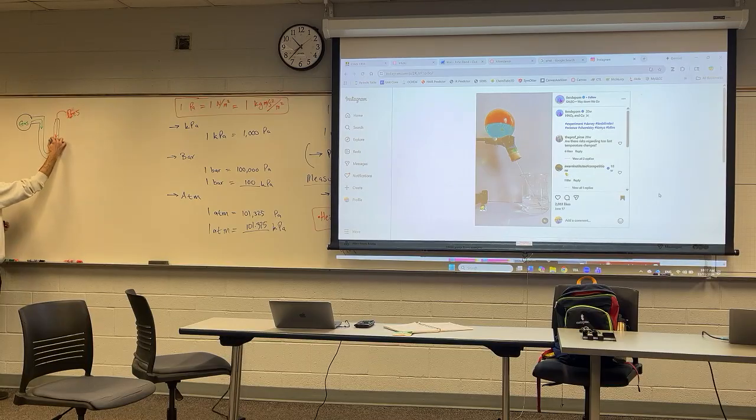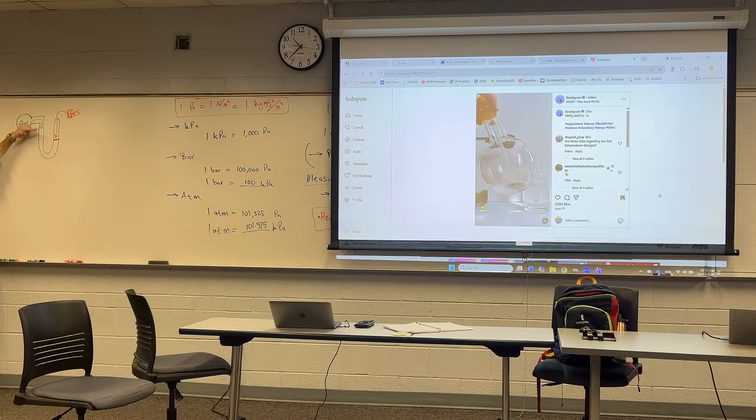Let's say that I've got my atmosphere here, atmospheric pressure. Where should the line on this side be drawn? Should it be higher, equal, or lower if I want this to be the higher pressure system? The line should be lower than this.